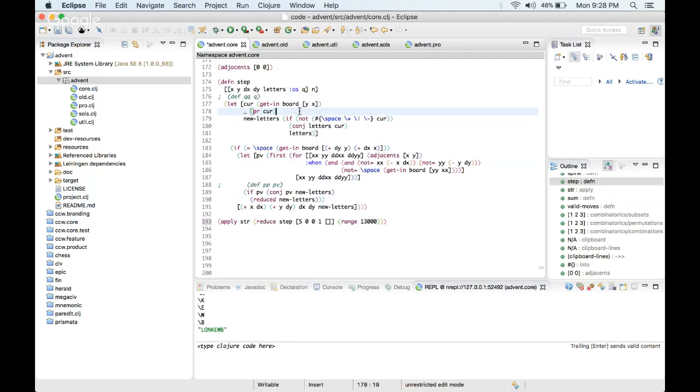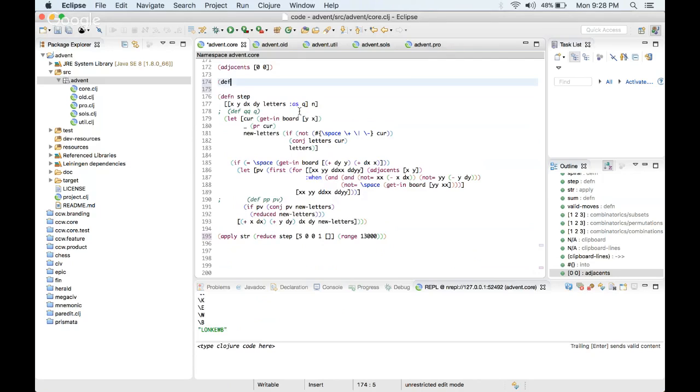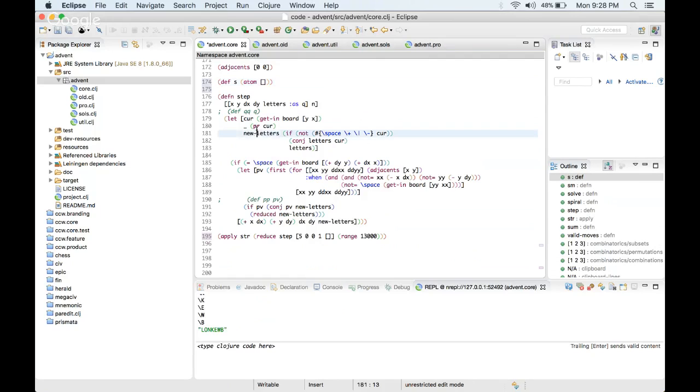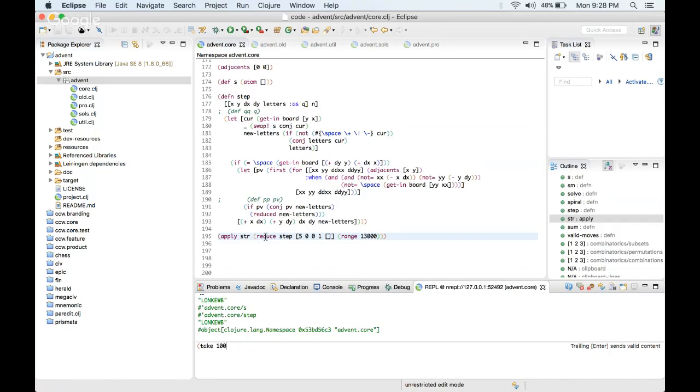I think that's too many to put in here, but we could use one of these here, and then we can use like swap bang s conj this. Take 100 from value s.